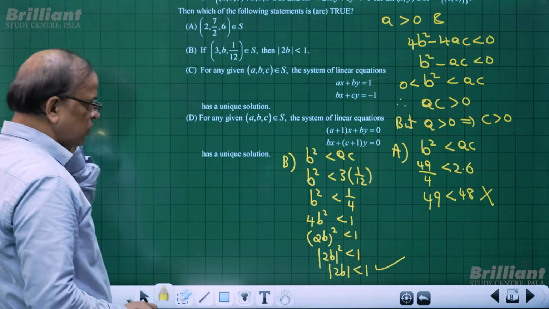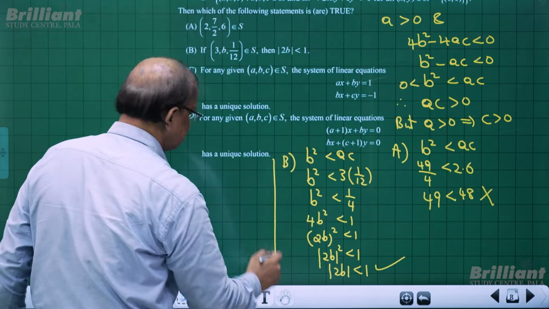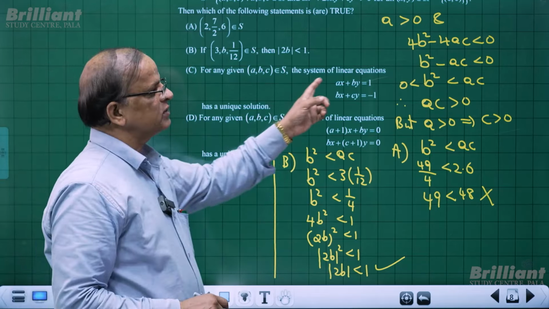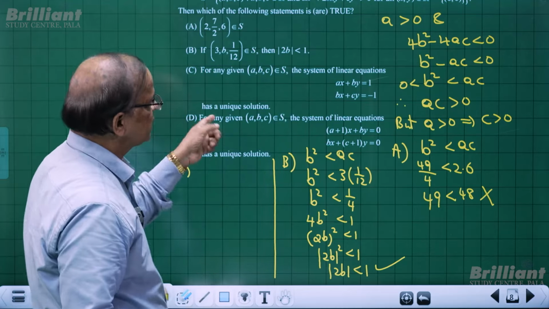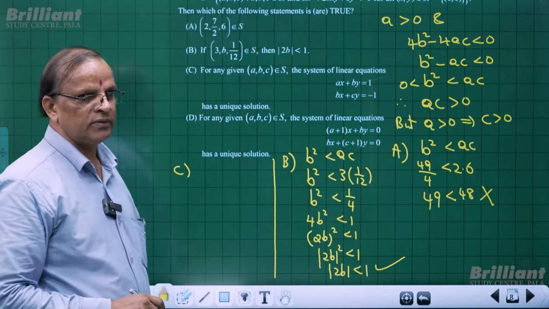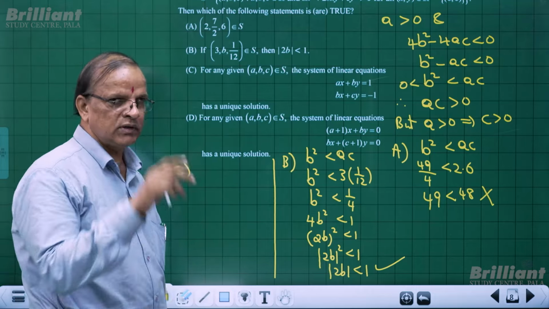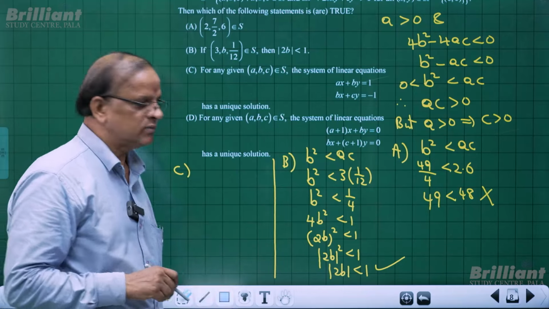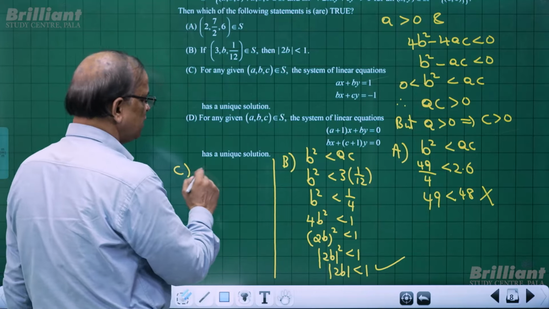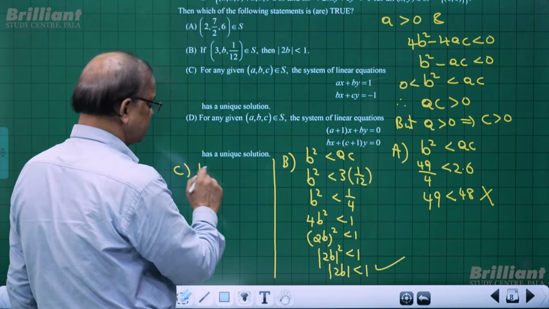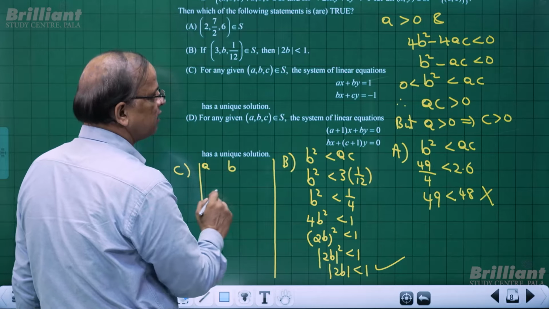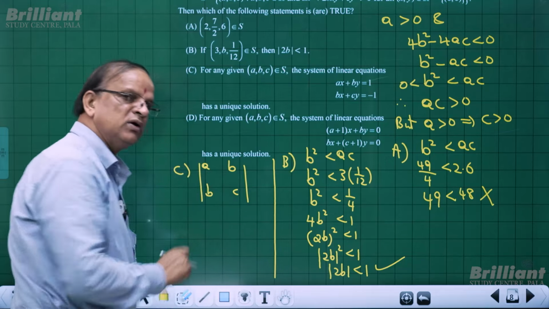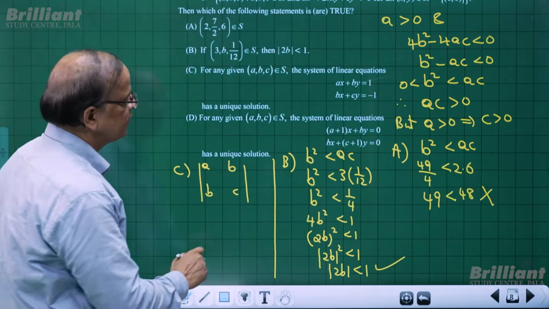Okay. Now see option C. For given a, b, c, the system of linear equations has a unique solution. Unique solution means the straight lines must intersect, they are not parallel. So we find the determinant, which is ac minus b square.